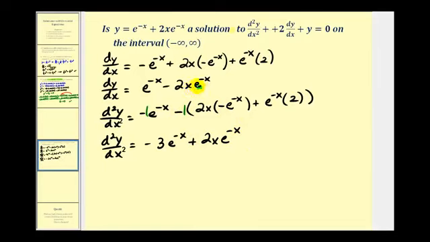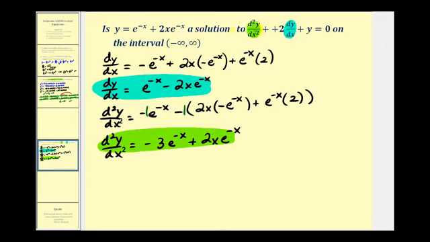So now using the first derivative here, we'll perform substitution into our equation. And then we'll use our second derivative here, perform substitution here.